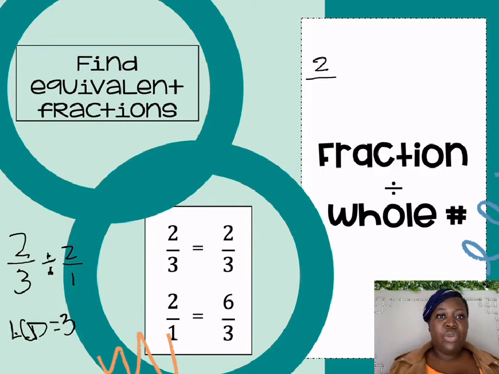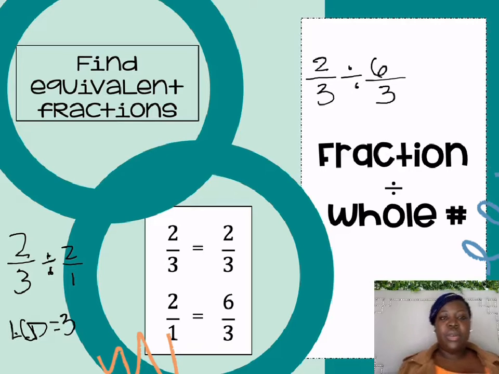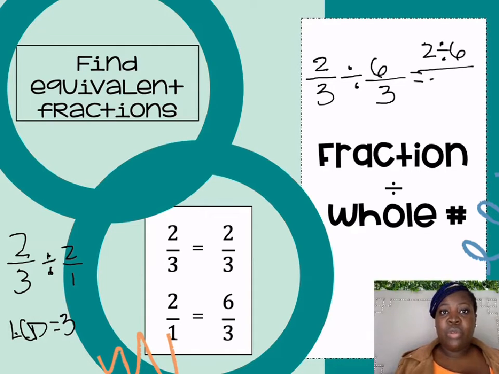You have 2/3 divided by 6/3. Your denominators are 3, right? What you're actually doing is this. You're doing 2 divided by 6 over 3 divided by 3.